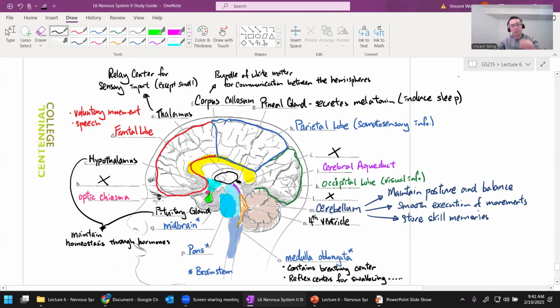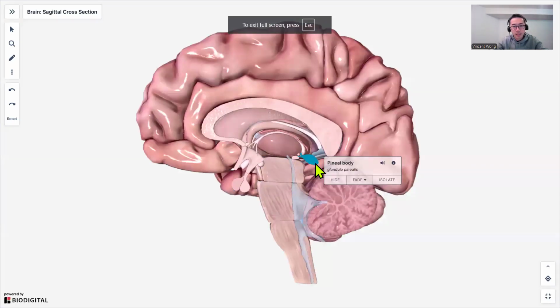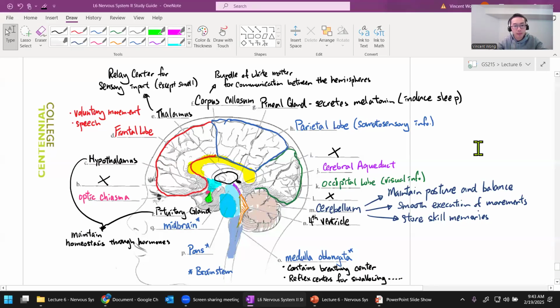Melatonin makes you sleepy. I'll just quickly show you. It's right here. That's the guy. Pineal body or gland secretes melatonin. So that's pretty much everything. I guess we can add this location is LV, lateral ventricle.